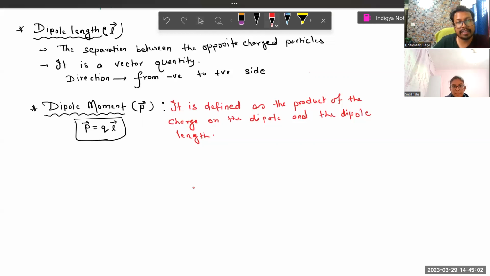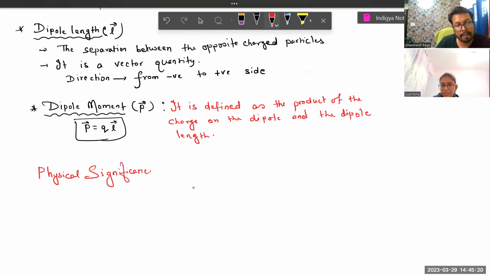Just see the physical significance of dipole moment. What do we mean by dipole moment actually?